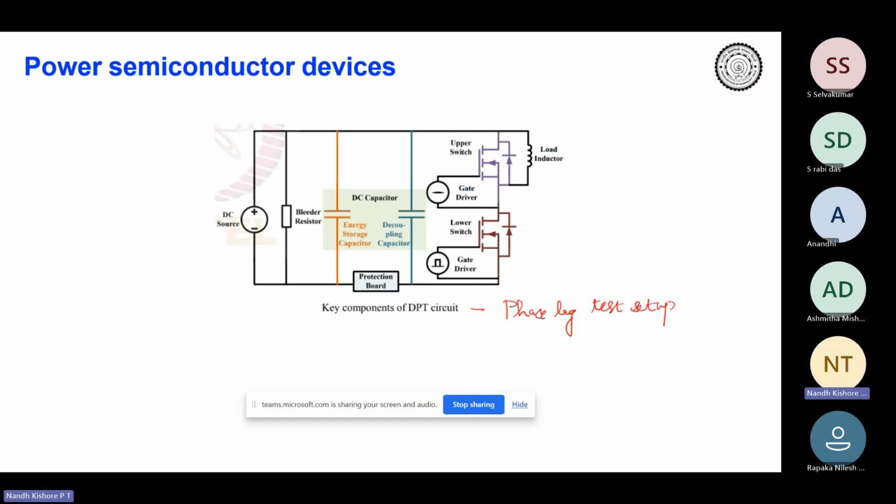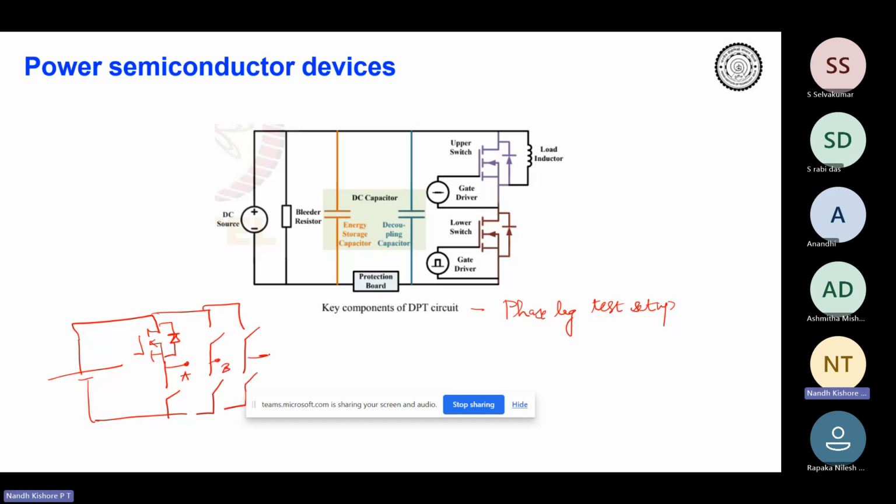Because if you take an inverter, say a three-phase inverter, with legs A, B, and C, each of these legs represents one phase of the inverter, correct?